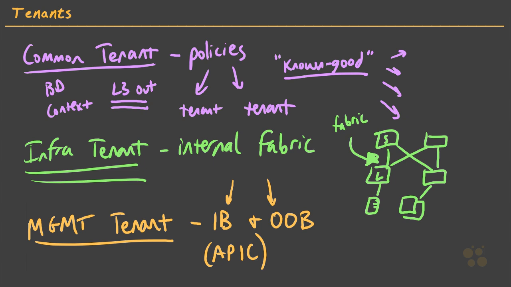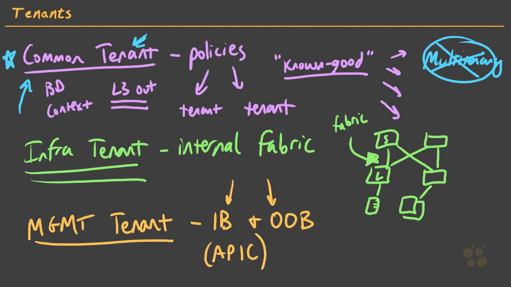Do we have to configure tenants within an ACI fabric? And the answer is kind of no, actually, because we have the common tenant. We could deploy all of our policies, all of our bridge domains, contexts, everything as part of the common tenant if we so chose. However, keep in mind that that locks us out of multi-tenancy, at least without making some kind of conversion, because anything that we create inside the common tenant is going to be available to all future tenants within the ACI fabric.